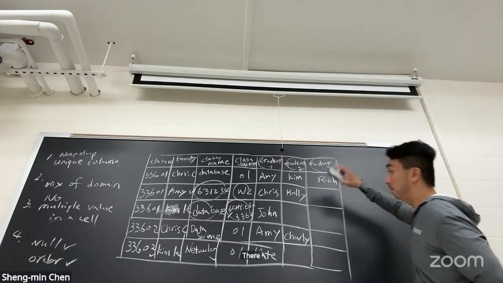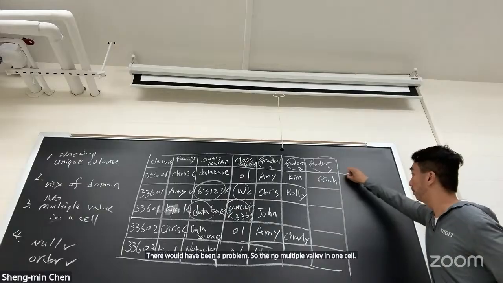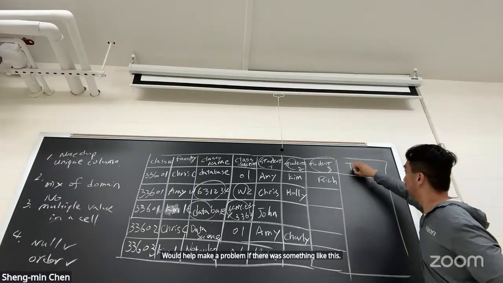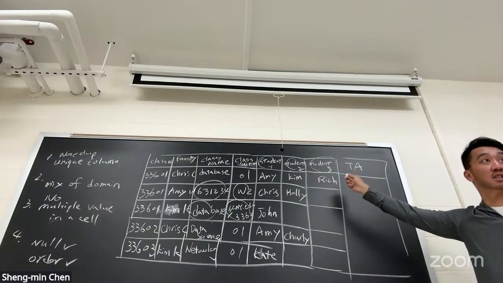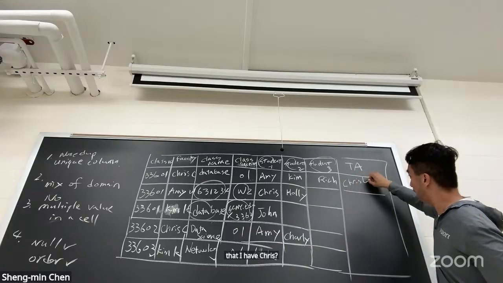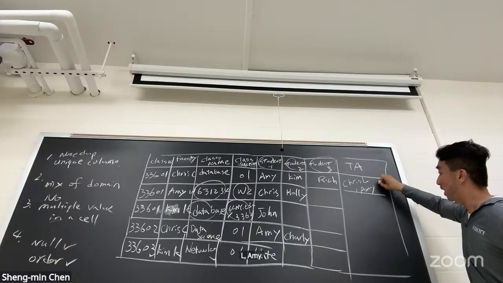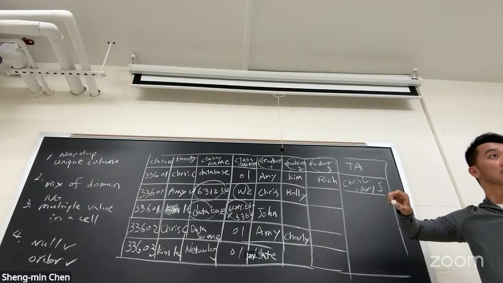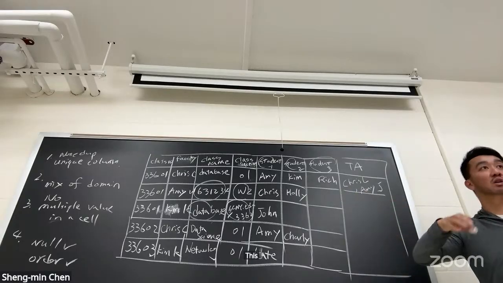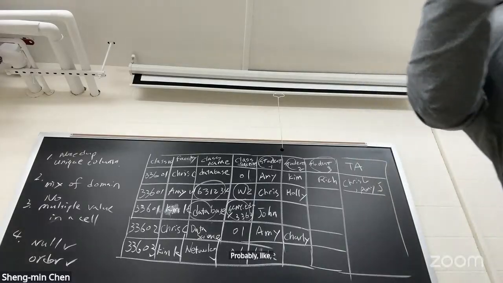The no-multiple-values-in-one-cell rule would have been a problem if there was something like this. Teaching a system, right? And I have Chris L, comma, Amy J. You need to go back to your little programming background.